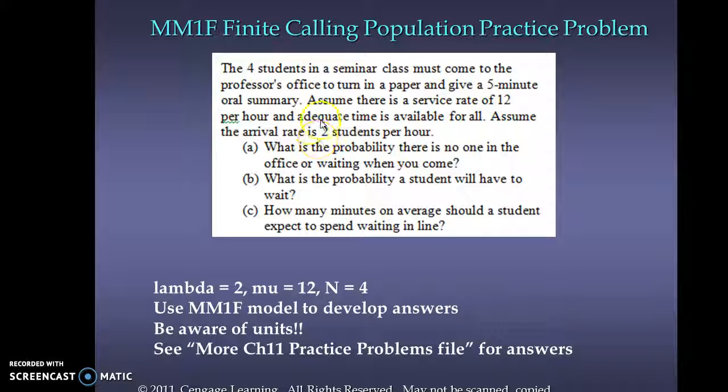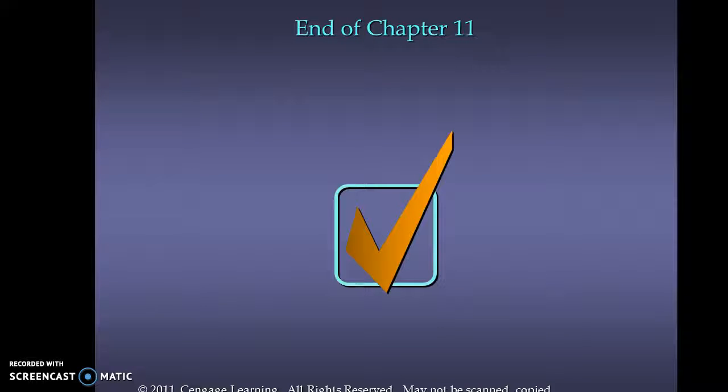Assume arrival rate is 2 per hour. We can answer any of these questions knowing now that lambda equals 2 per hour, mu equals 12 per hour, and n is 4, using the MM1F model. Make sure you're aware of units, and you can see the answers for this in our More Practice Problems file.